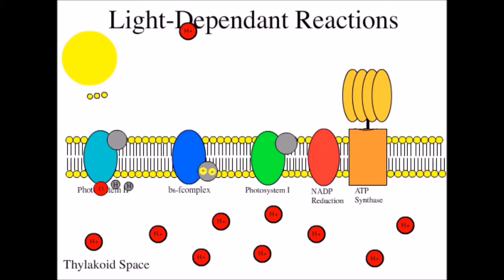The energy from the electrons is used to pump hydrogen ions from the stroma to the thylakoid, forming a concentration gradient.